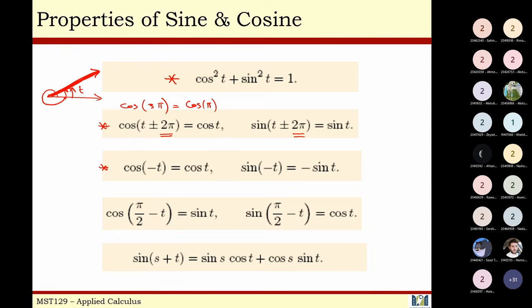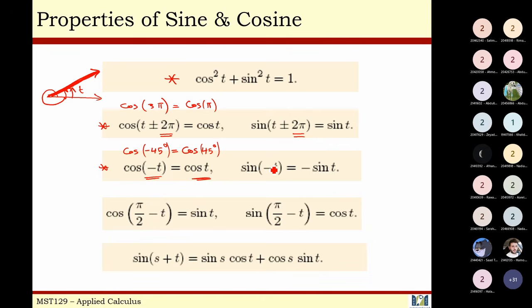The third one: the negative inside the angle of cosine, we can remove it. Look at this, cosine of negative T is the same as cosine of T. Example, cosine of negative 45 degrees is the same as cosine 45 degrees, with or without the negative.